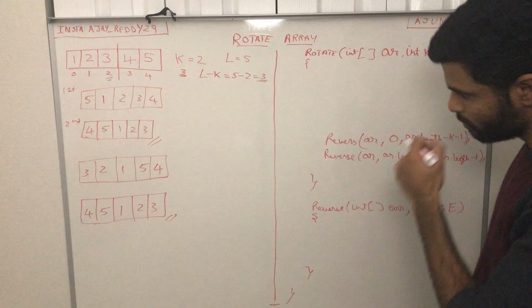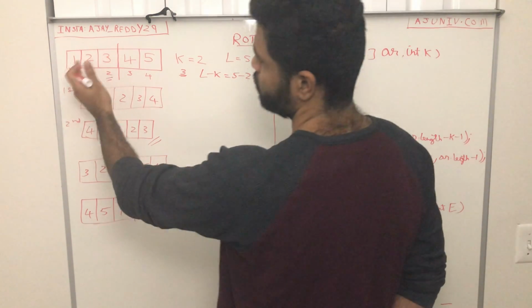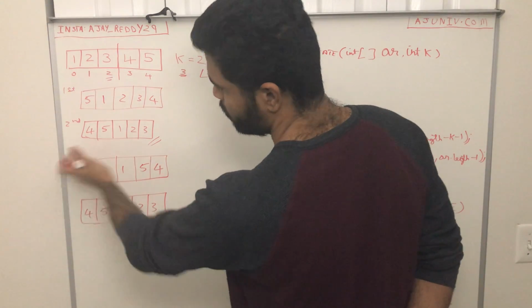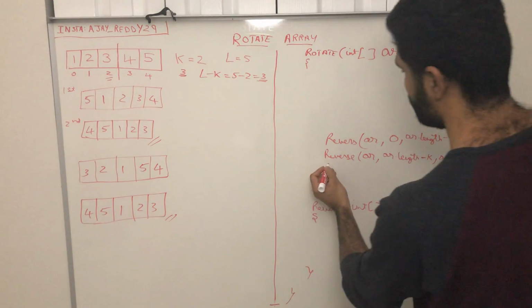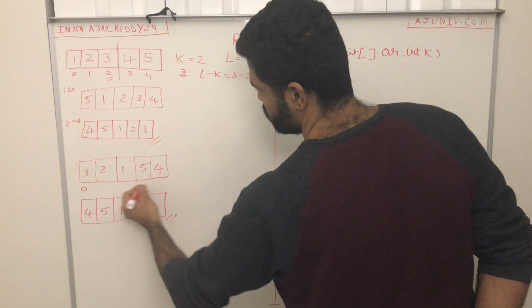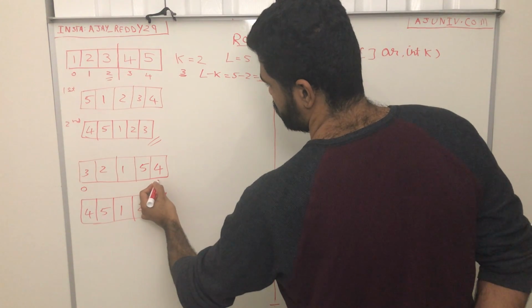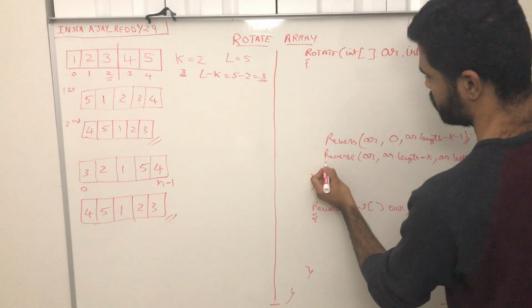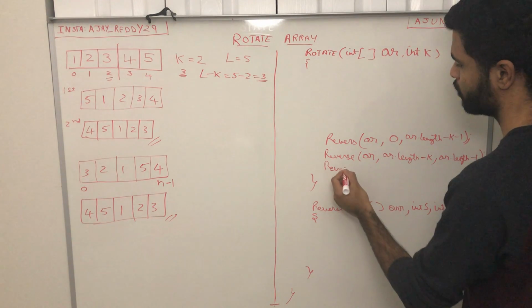Once these two reverse operations are done, I have to reverse the complete array. For that I will again call the reverse function.